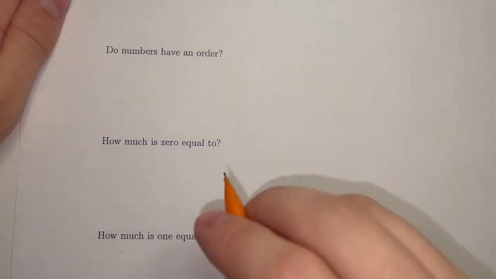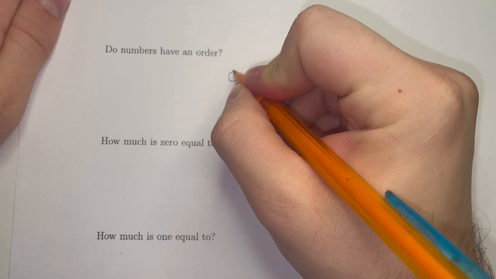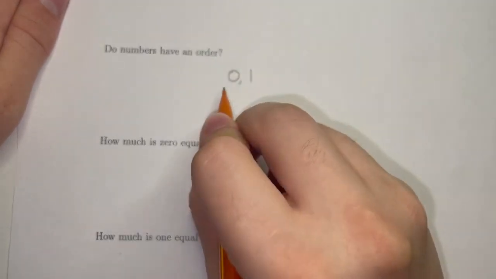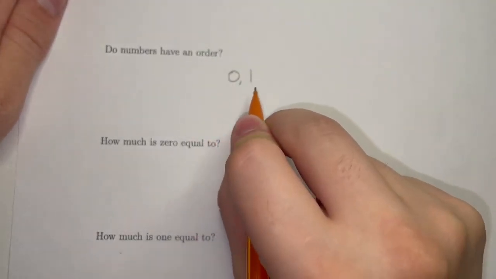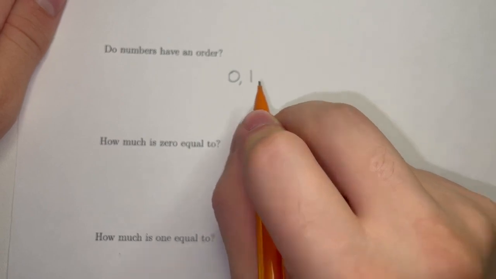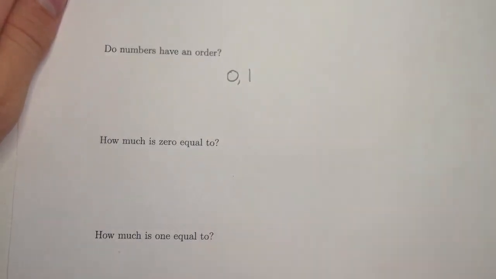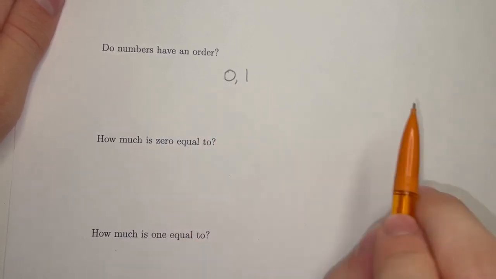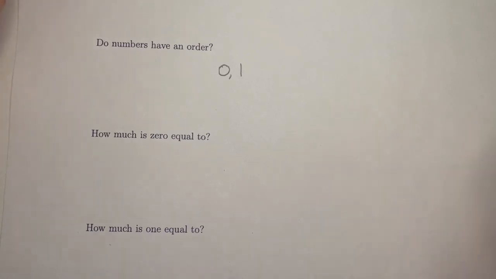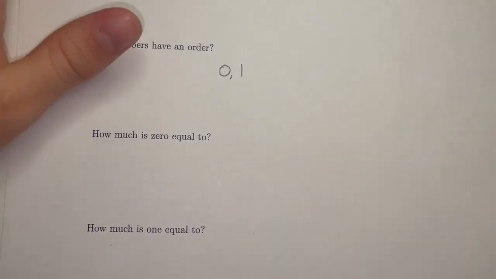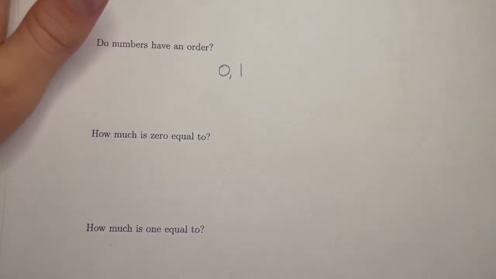For example, our 0 and our 1 are different values. They aren't the same value. These are fixed values, and we'll go over what those values are in a second. But know that there is an order from least to greatest. You can't really say the greatest number because there's always a greater one.